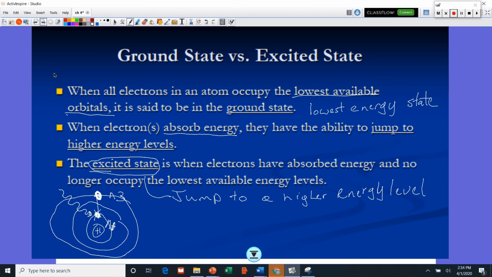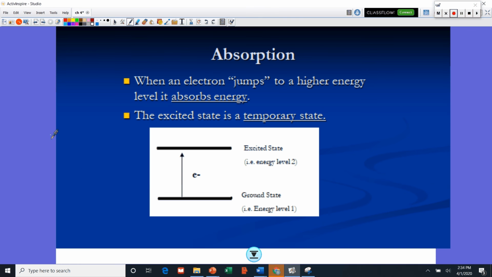Another way that we show this: just remember that when an electron jumps to a higher level, it absorbs energy. Excited state is temporary. It will stay there as long as the energy remains.